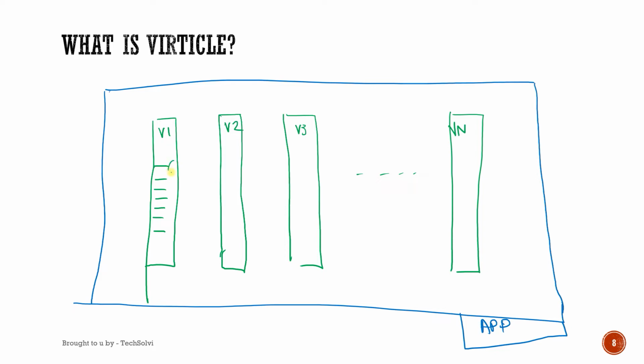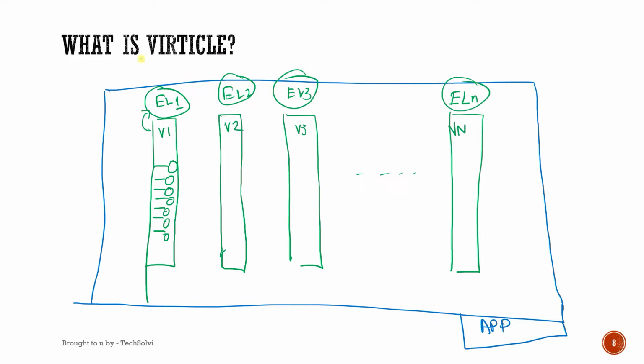So these events are actually executed in the event loop. Okay, let's say EL1. So verticle 1 has a dedicated event loop called EL1. Similarly, verticle 2 will have its own dedicated event loop, EL2. Similarly for verticle 3, EL3, and then verticle n will also have event loop n.